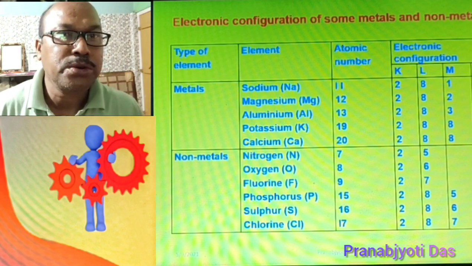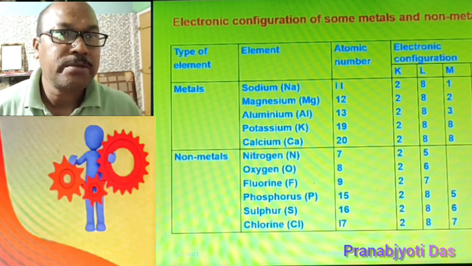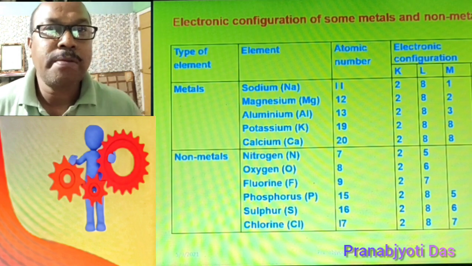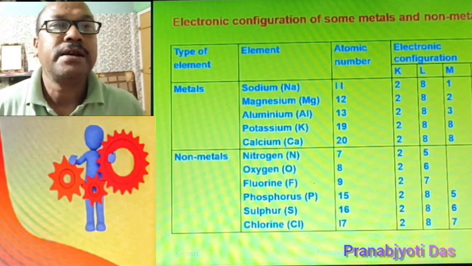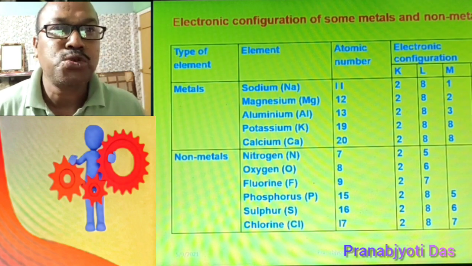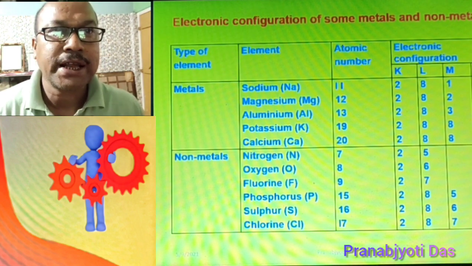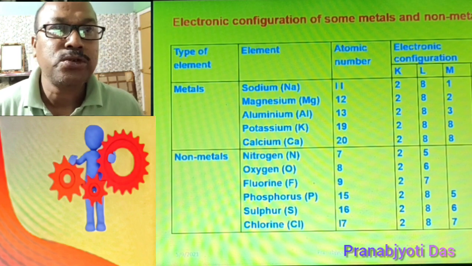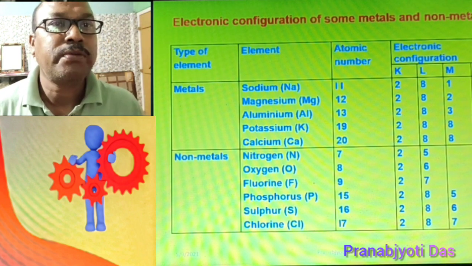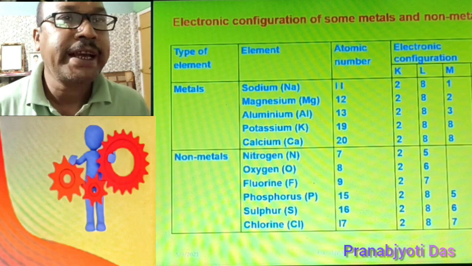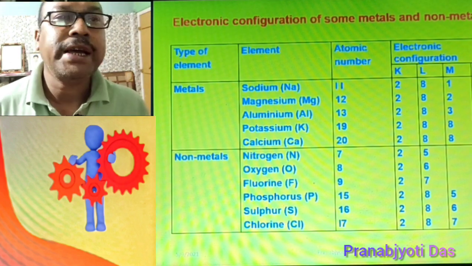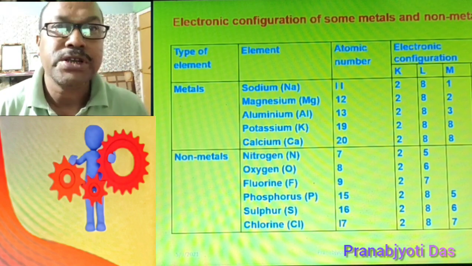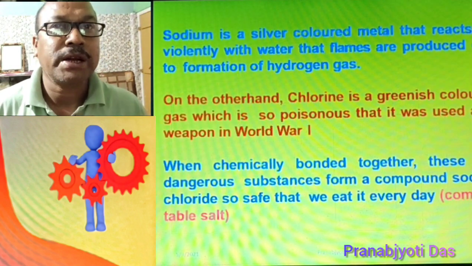Magnesium is 2,8,2, aluminum 2,8,3, potassium 2,8,8,1, calcium 2,8,8,2. Now see non-metals like nitrogen, whose electronic configuration is 2,5. 2 electrons are there in the K shell, and in the L shell there are 5 electrons. Similarly, oxygen 2,6, fluorine 2,7, phosphorus 2,8,5, sulfur 2,8,6, and chlorine 2,8,7. So these are the electronic configurations of some metals and non-metals.